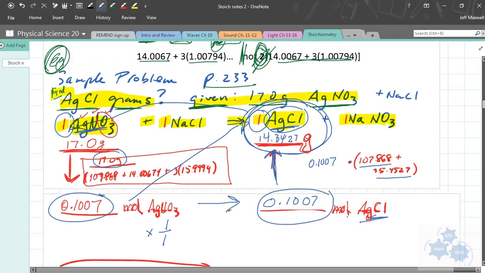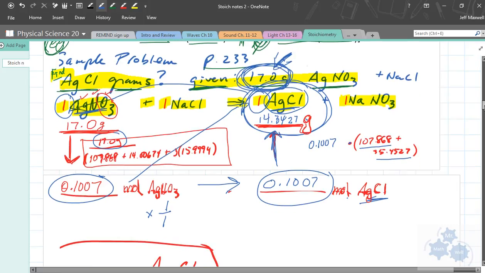And again, for stoichiometry, let's go with sig figs. How many sig figs am I given in my question? 3. Now the other sig figs, as far as mass for the elements, there's always lots of sig figs, right? 5, 6, 7. So you don't have to worry. What you're going to look at is what you're given in the question, and your answer should reflect those sig figs.